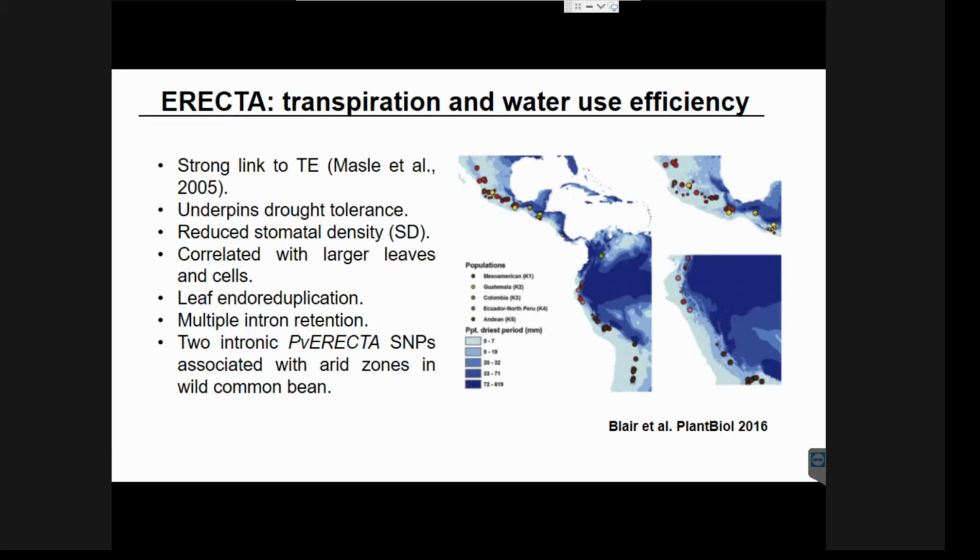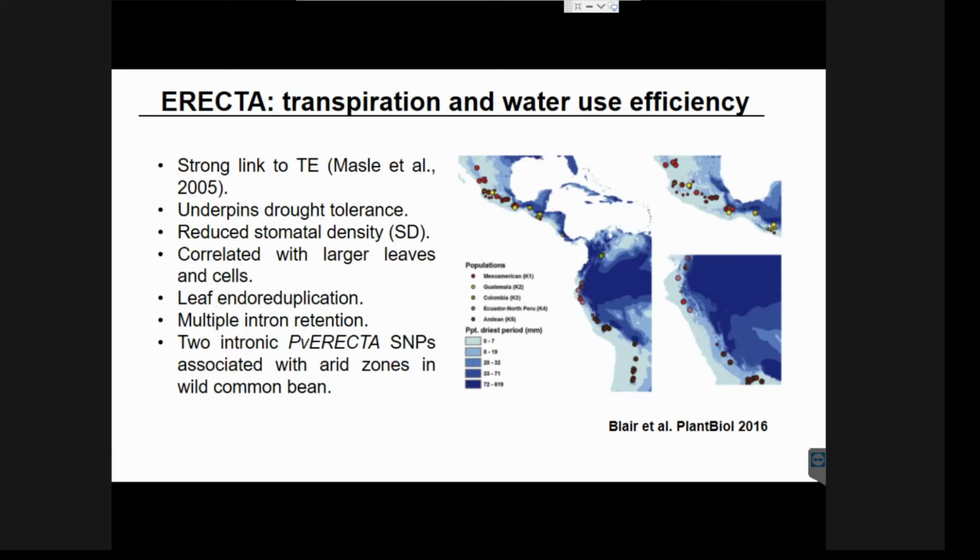So this is work of Matthew Blair and others from 2016 looking at ERECTA SNPs associated with arid zones across the Americas. And you see there are several SNPs associated with these more arid zones of Mexico, whereas other SNPs are associated with these wetter regions of the Andes.